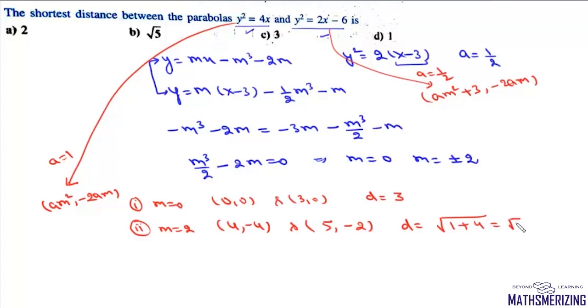So distance here is root 5, and if we'll take m as minus 2, we'll get this point as 4 comma 4, and here in this case it will be 5 comma plus 2. So again distance between them will be 1 plus 4, that is under root of 5. So the shortest distance between these two parabolas is under root 5.